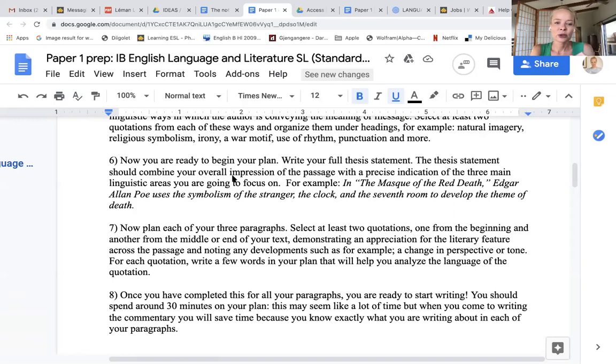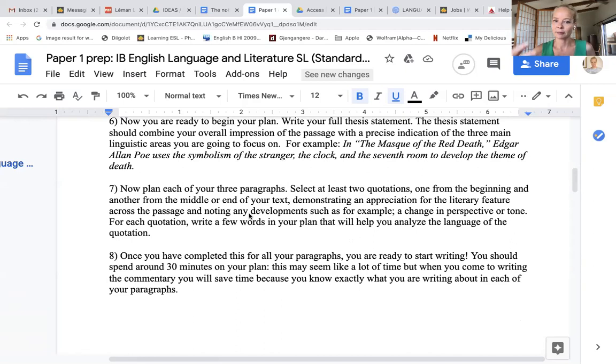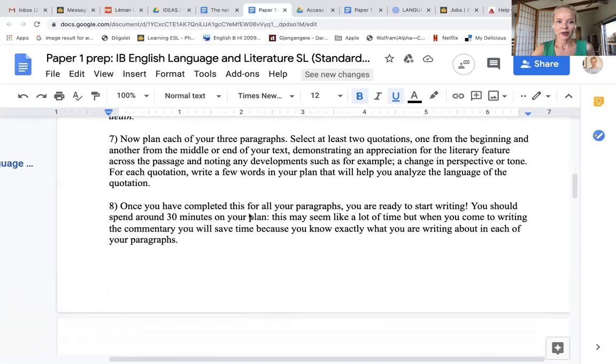So here are 3 items he uses to show the theme of death: the symbolism of the stranger appearing throughout the text, the clock, time symbolism appearing throughout the text, and the seventh room, which is specific to this text. What it means is what you're trying to convey.